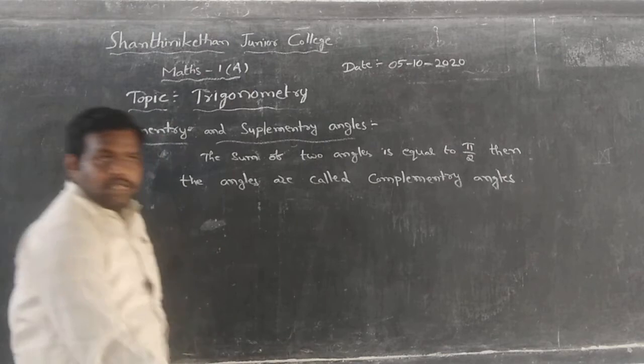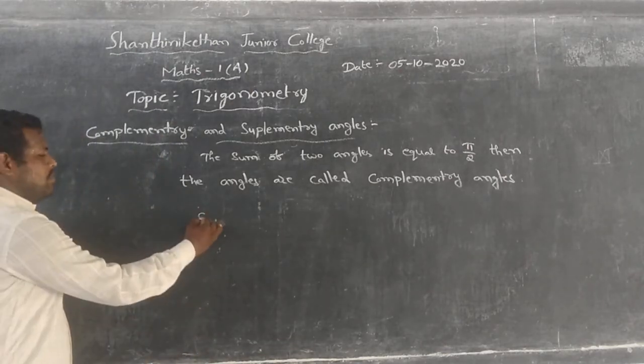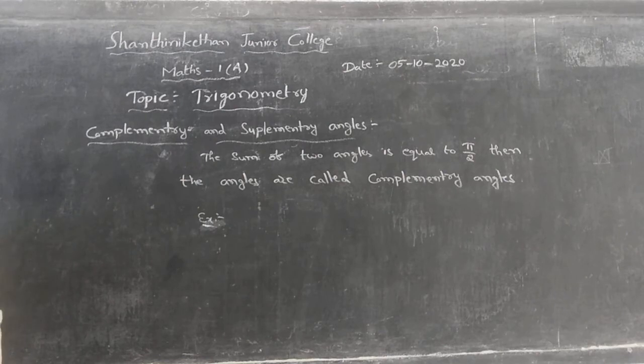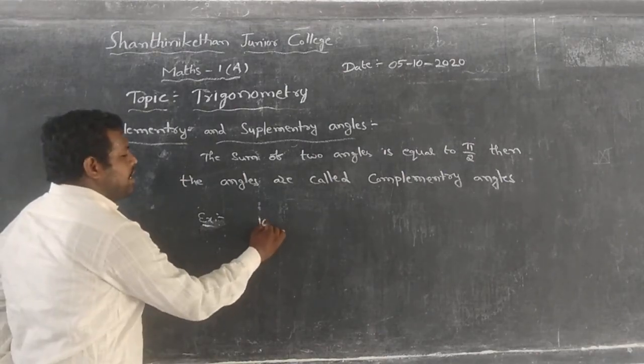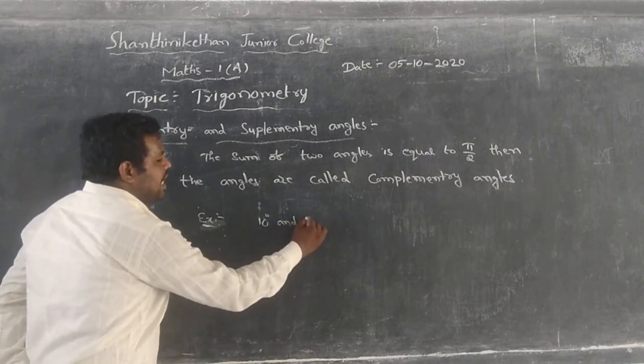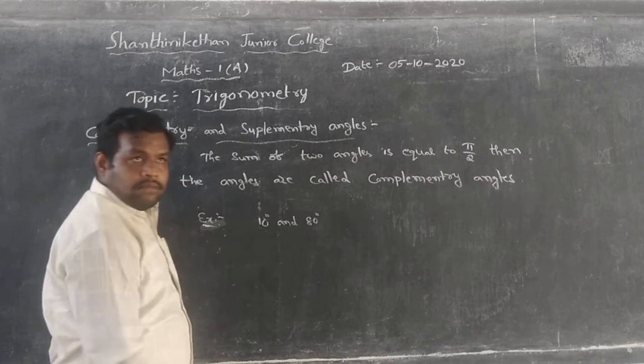Complementary angles. For example, the sum of two angles is 90. We can consider the first angle is 10 degrees and the second angle is 80 degrees.